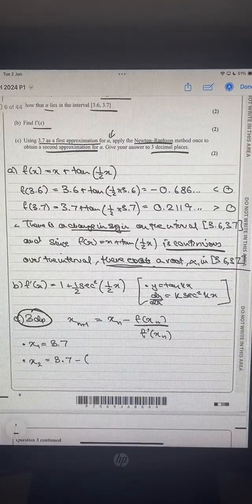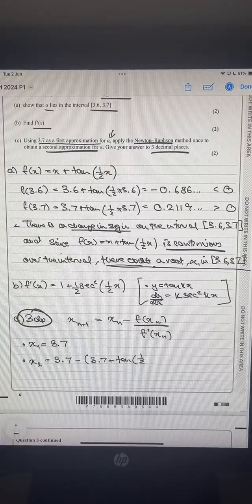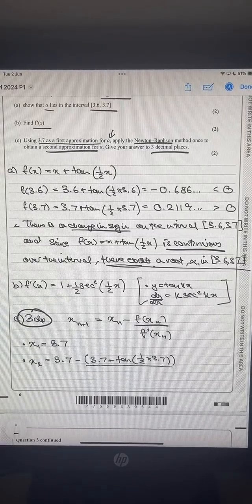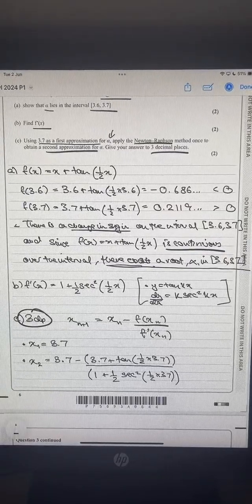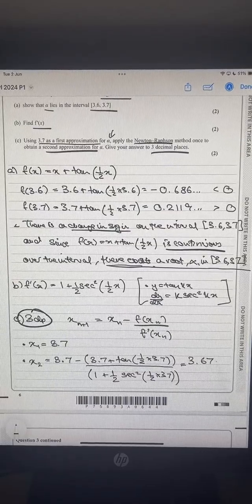So if I write that out here, I like to write out the full things. 3.7 plus tan of a half times 3.7 divided by the derivative function, which I have found myself, 1 plus a half sec squared of a half times 3.7. And if I put that into my calculator, I get 3.672 to 3 decimal places. And that's how I do that.